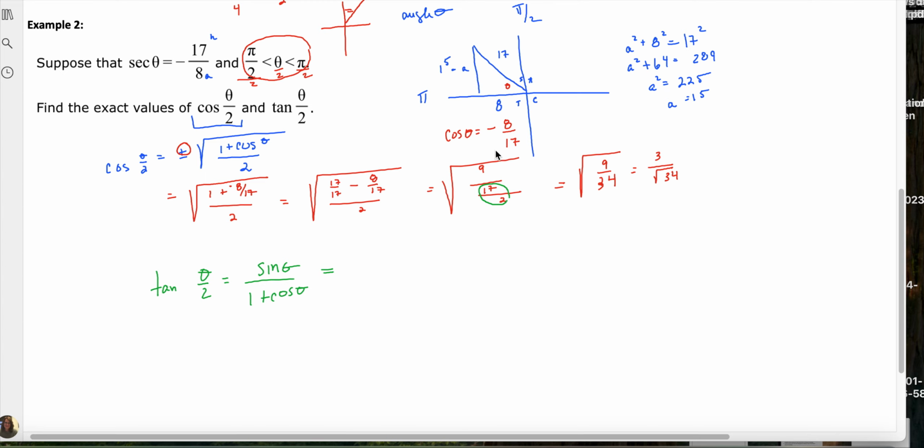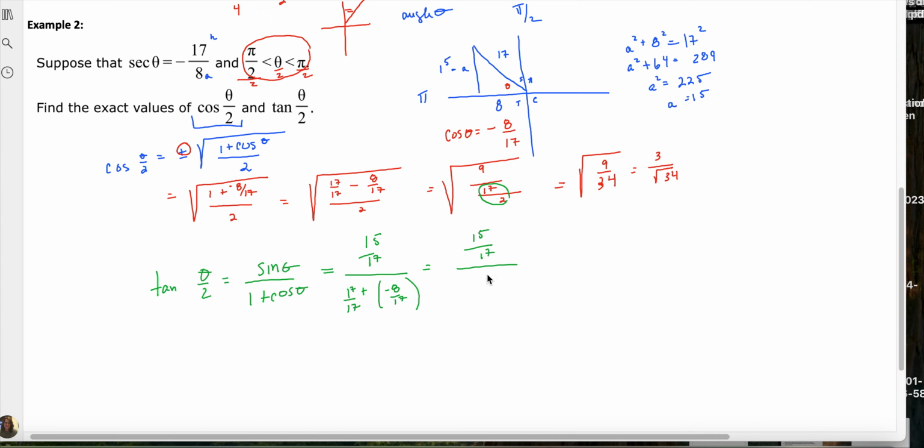Okay, so I need to know sine. So sine of theta, sine's positive in quadrant 2, so sine would be 15 over 17. And then that's all over 1 plus, again, we know cosine of theta is negative 8 over 17. We won't make that sign error this time. So this is 15 over 17, and that's divided by, so similarly, we would think of 1 as 17 over 17.